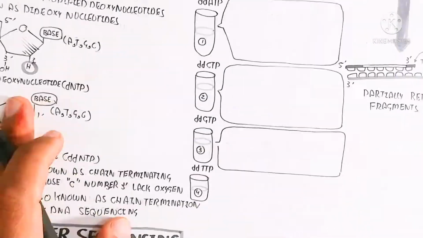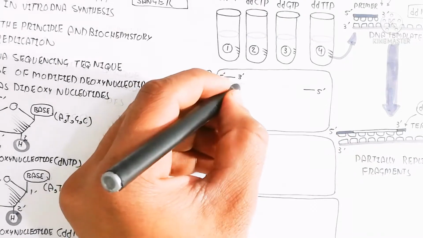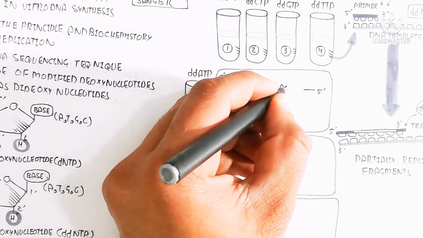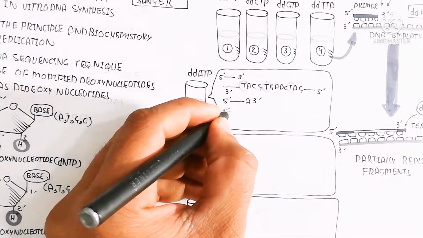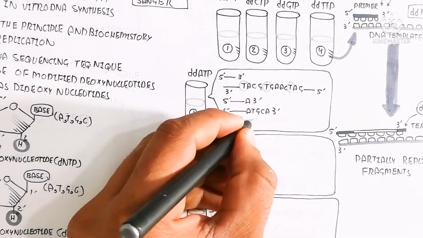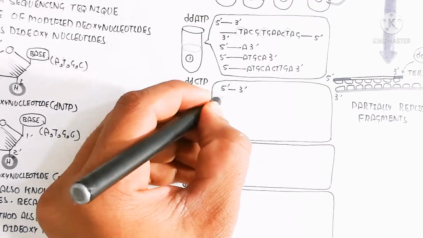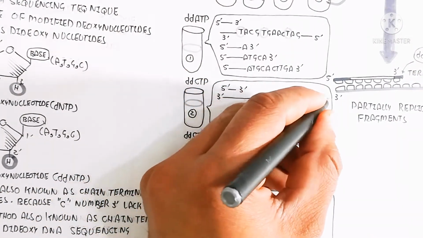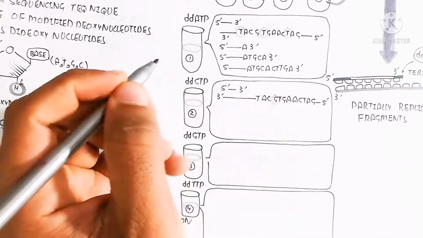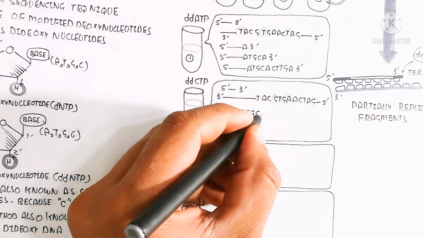If we put it in, the reaction can be inhibited or terminated at the T side, the thymine side, because adenine always binds with thymine. This is the terminal point because the hydroxyl group is not present in the dideoxyadenosine triphosphate. In this way, different segments will be produced.